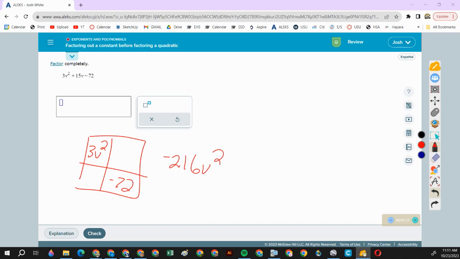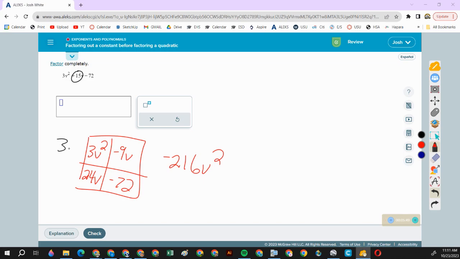And I need factors of 216 that add to be 15. So 216 divided by 6 is 36. That's not it. 216 divided by 9 is 24. That's what I want. So negative 9v and 24v.